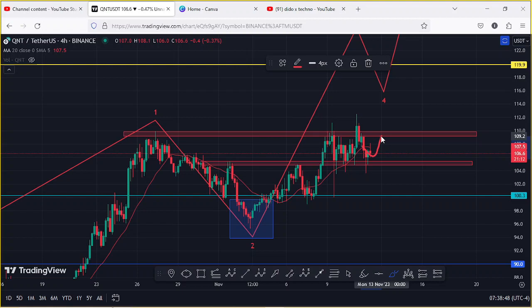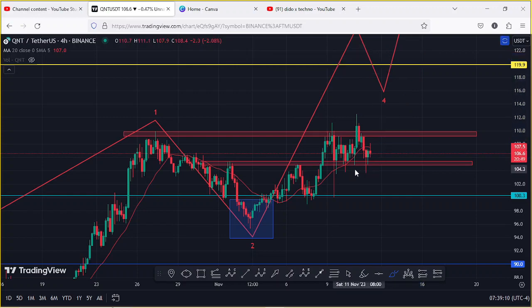And the next key area of resistance that we need to see a break above lies at around the $109.9 mark, and a break above that with a successful retest, then I will be expecting higher prices here on the QNT chart in a move that can give us a break above the $120 mark in the next coming days.